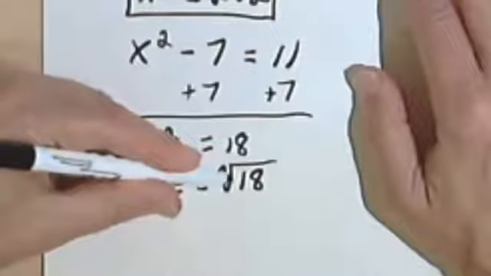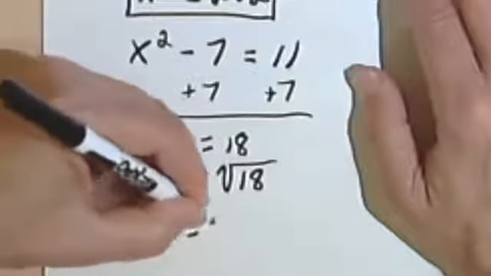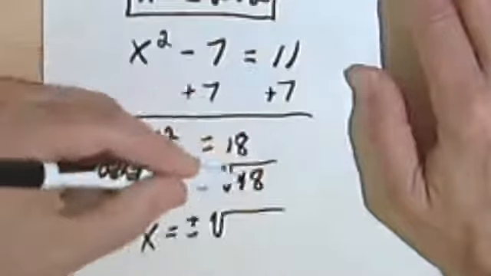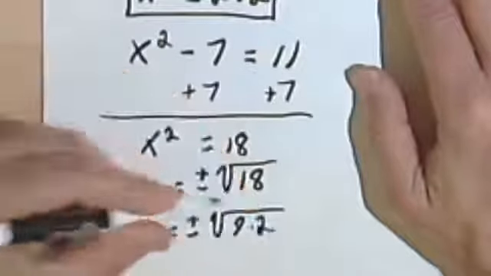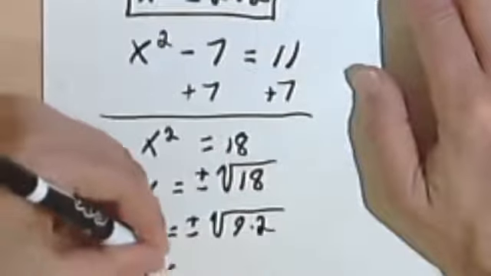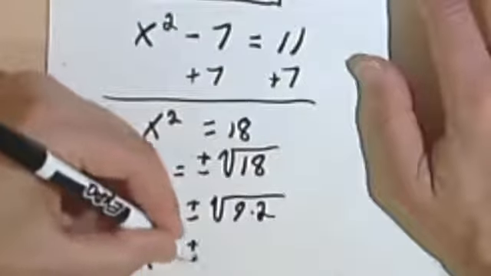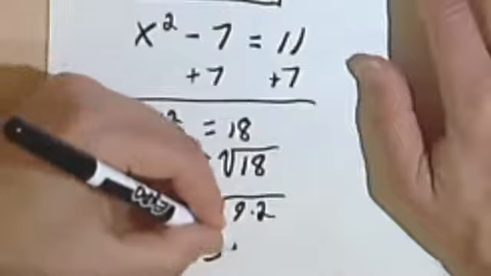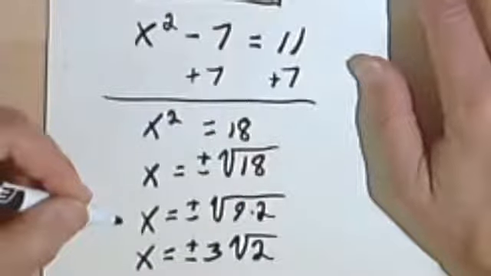And now I've just got to simplify the square root of 18. So x equals plus or minus the square root of 18, which is 9 times 2. 9 is a perfect square. So I'll take that square root out. I'm going to have x equals plus or minus 3 times the square root of 2.